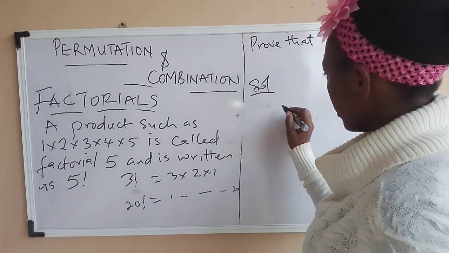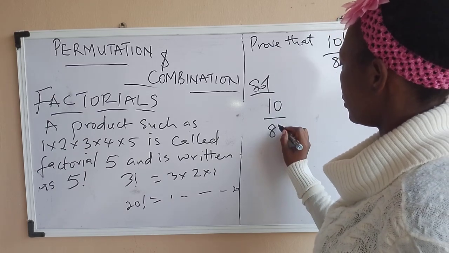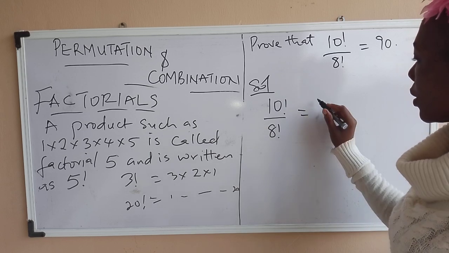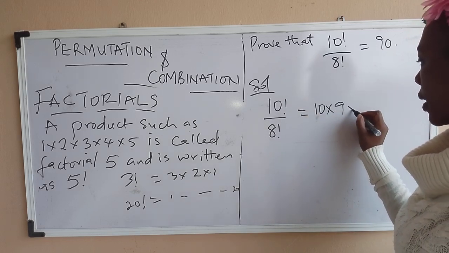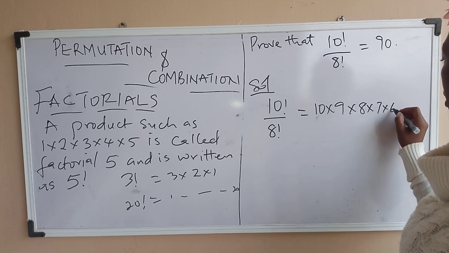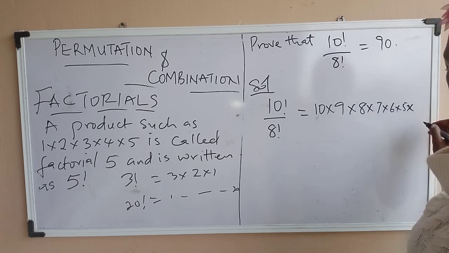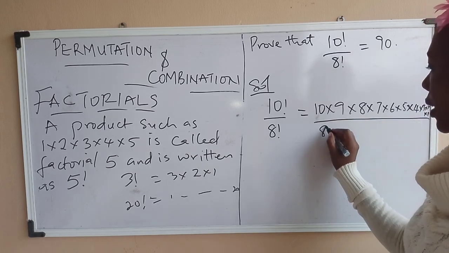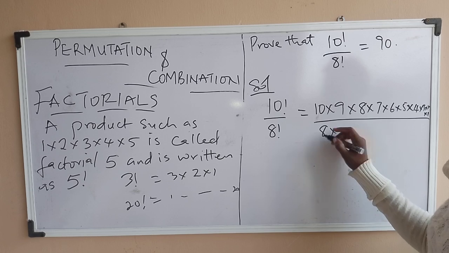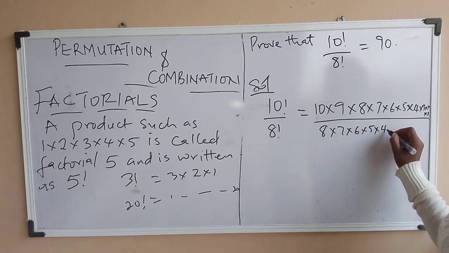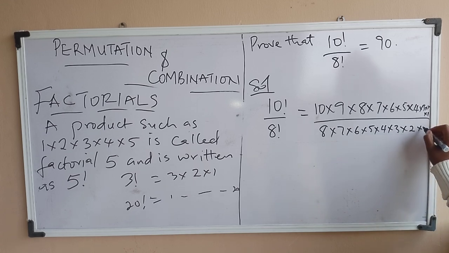Solution. Like I said, this 10 factorial means what? 10 times 9 times 8 times 7, 6, 5, 4, 3, 2, 1. Do you understand? All over 8 factorial, which means 8 times 7, 6, 5, 4, 3, 2, and 1.